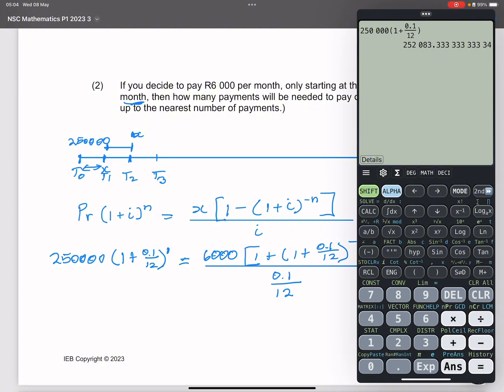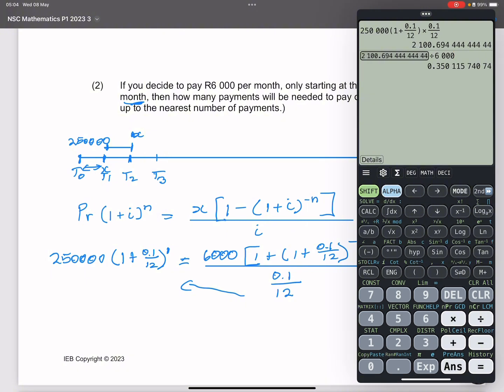I'm going to multiply by that number, so multiply all of that by 0.1 over 12, and I'm going to divide all of that by 6,000. All right, so that's the value that we get there.